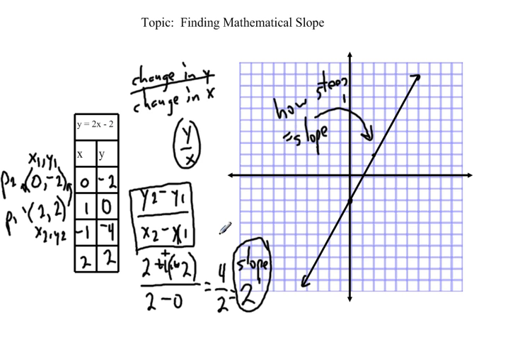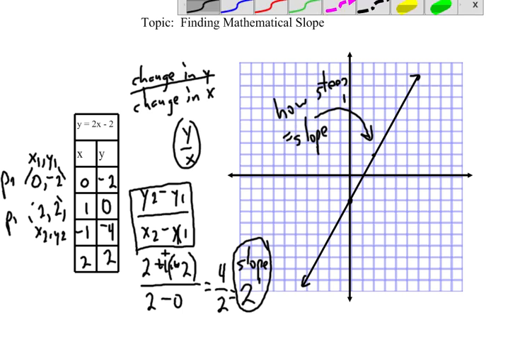What I want to show you is that I'm still going to get a slope of 2 regardless, as long as I start in the same place and I'm consistent in how I do it. Alright, so if I'm taking the second y, in this case, my second y is -2. And I'm going to subtract the first y, which is 2.